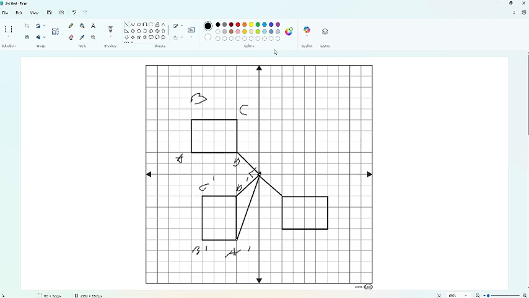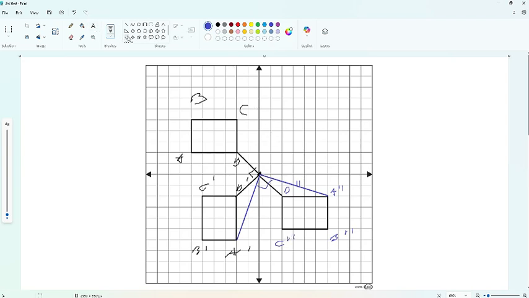From D to this, which is the long side, this is a 90-degree angle right here as well. So that's another 90 degrees, right? So it would be D double prime, A double prime, B double prime, C double prime.